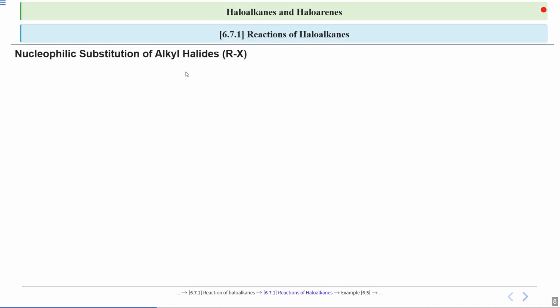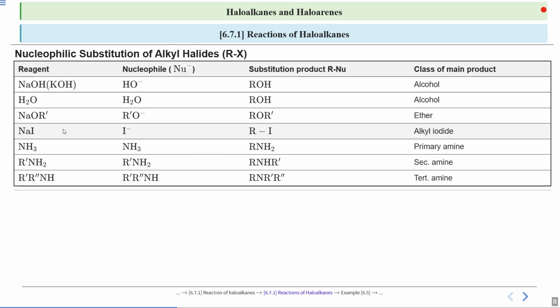Nucleophilic substitution of alkyl halides, that is RX, the haloalkanes. This is a table representing the reagent, nucleophile, substitution product, and the class of main product.